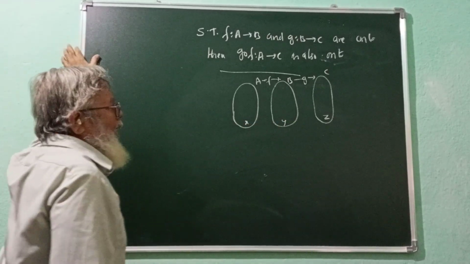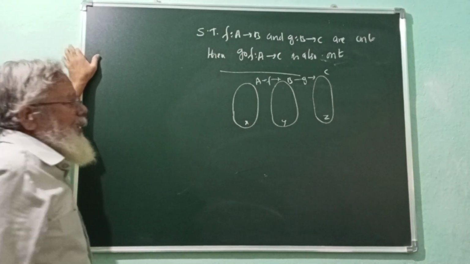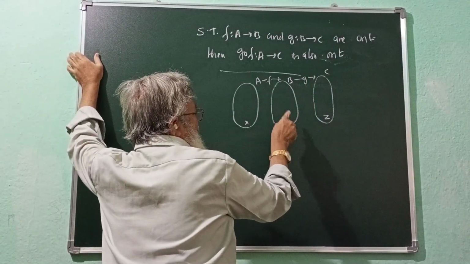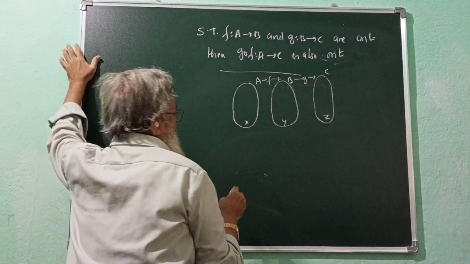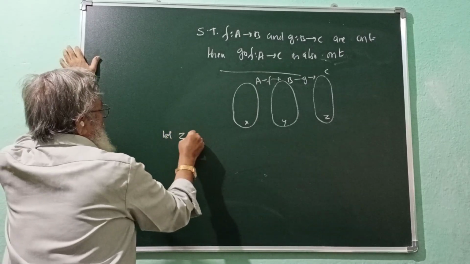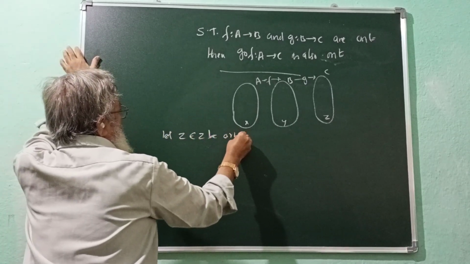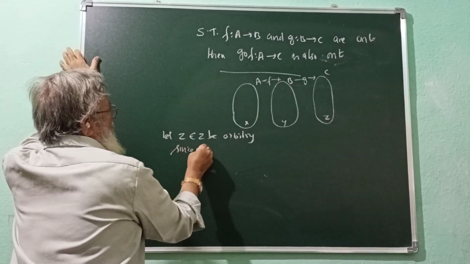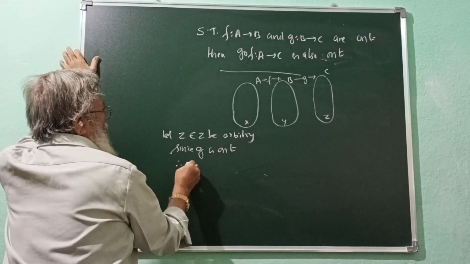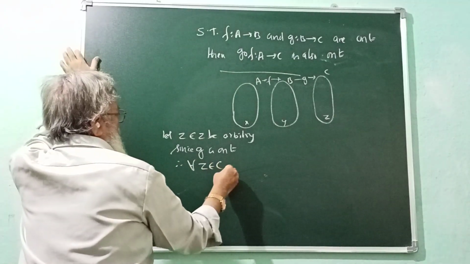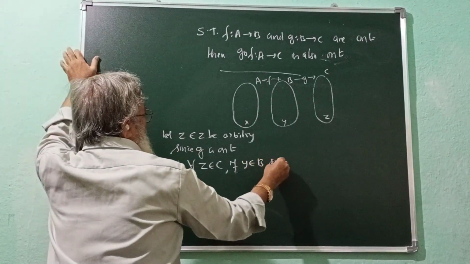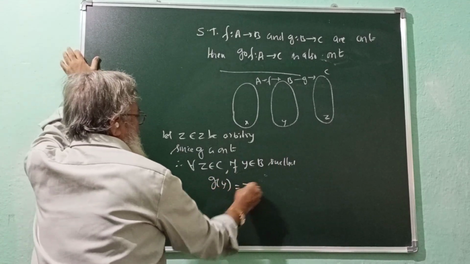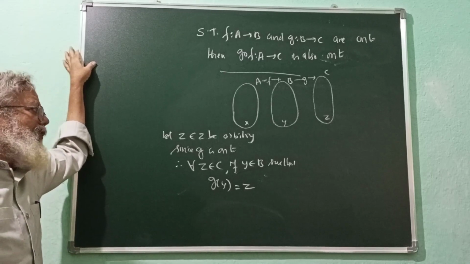Now because g is onto, for every z belongs to C, there exists y belongs to B such that g of y is equal to z. Image of y under g is z here.